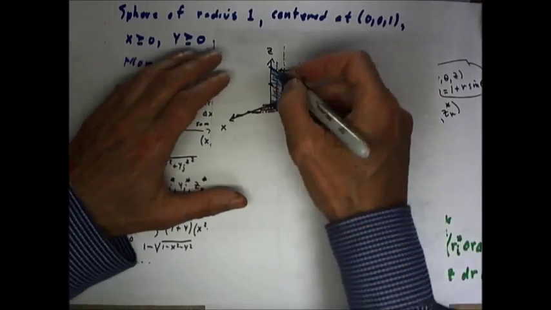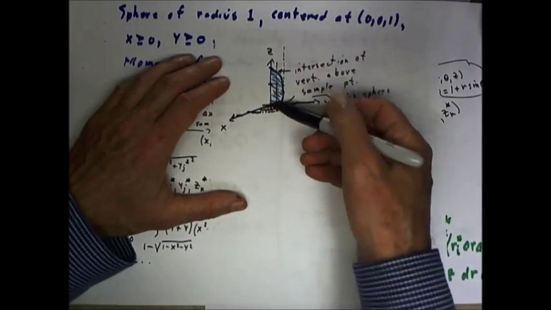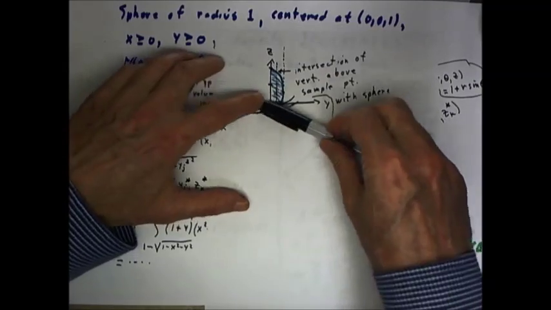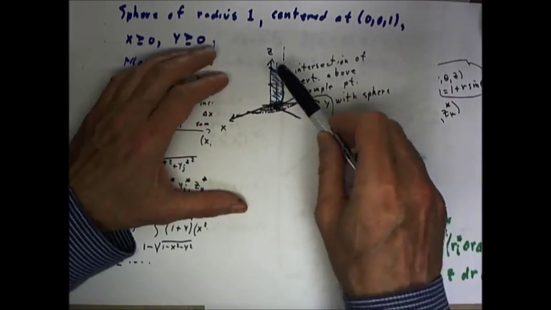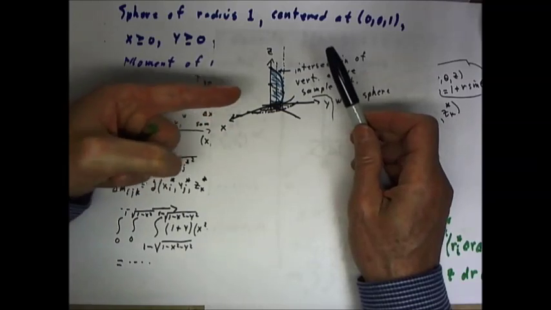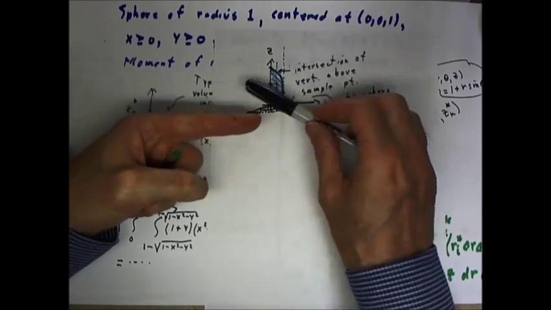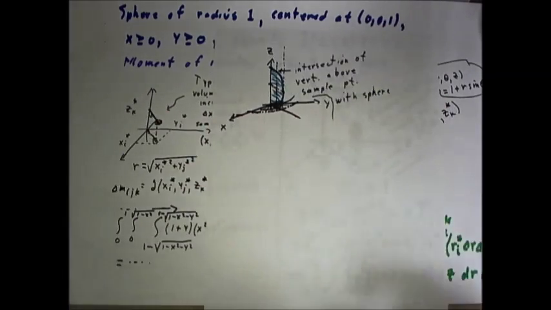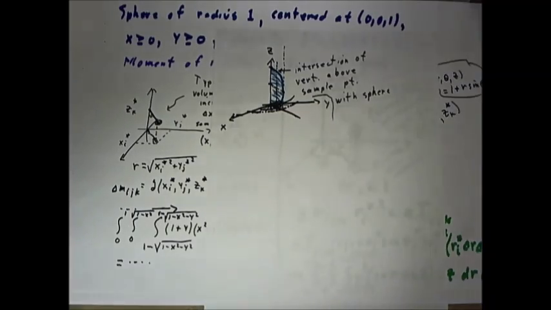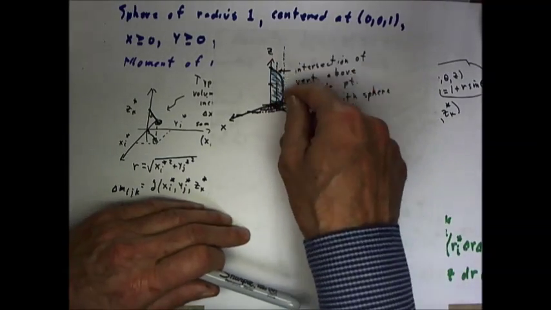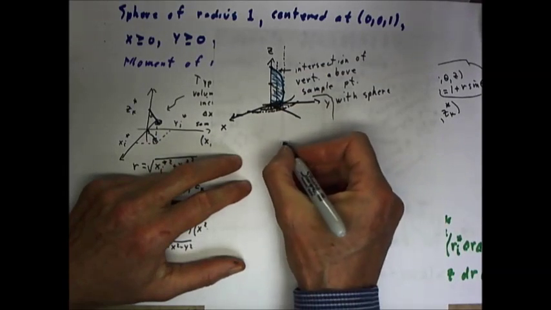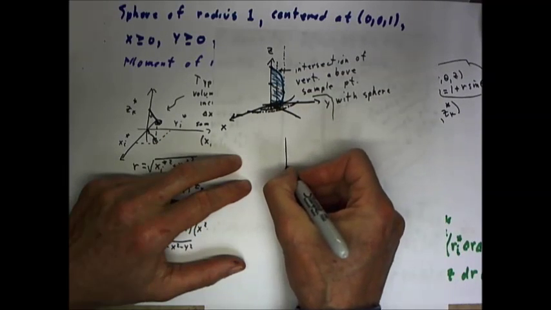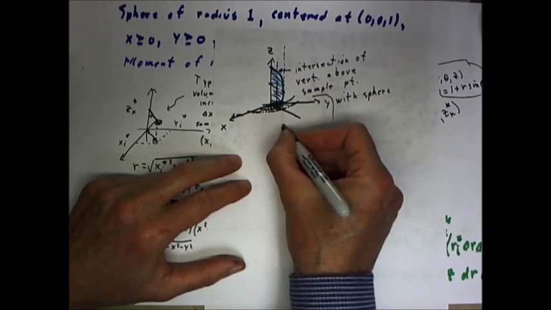If I look at this plane parallel to this line and the intersection of the sphere with that plane from a right angle, from a direction that makes a right angle with that vertical plane, I'm going to simply see a half circle here lying above the sample point. So what I'm going to see is my z-axis is going to be here.